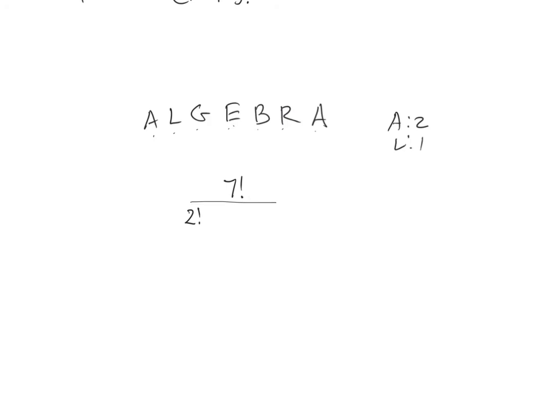So if I reduce this with the 2 factorial, this leaves me 3 times 4 times 5 times 6 times 7 on top. Multiply that out, we should get 2,520 different permutations of the letters in algebra.